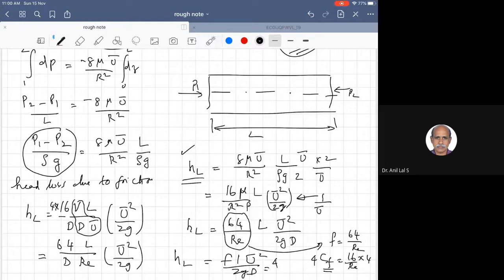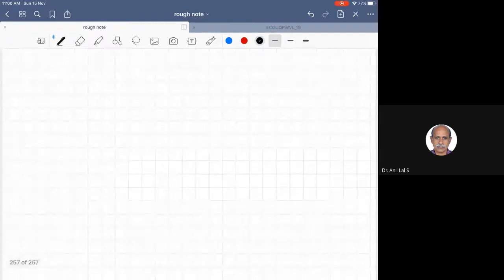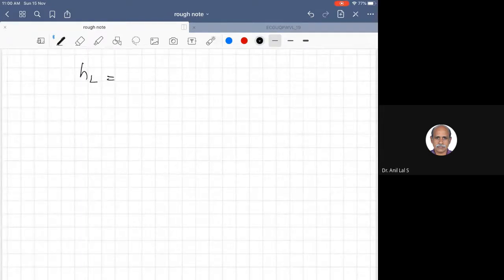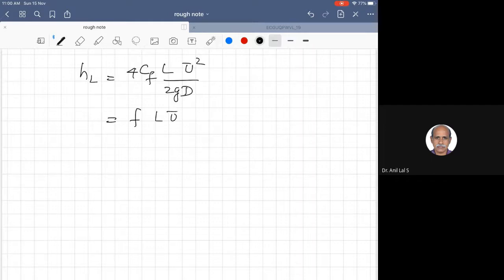So the loss due to friction HL is equal to 4 Cf L u bar squared by 2g D, or f L u bar squared by 2gD, where Cf is 16 by Reynolds number and f is 64 by Reynolds number.